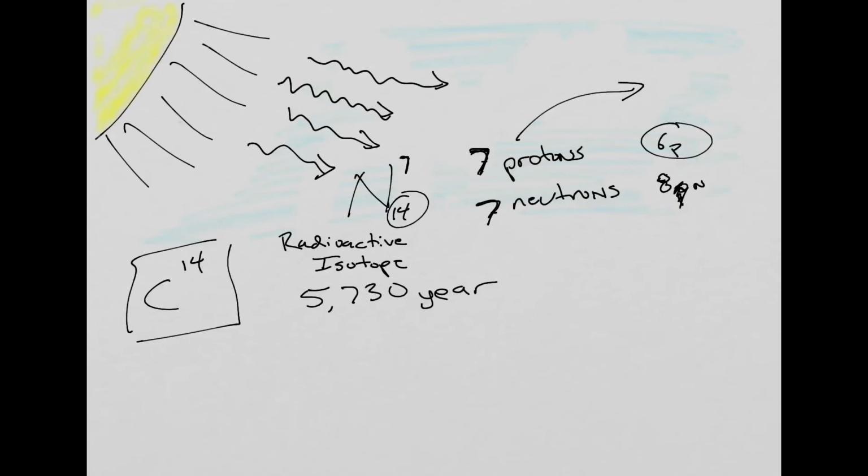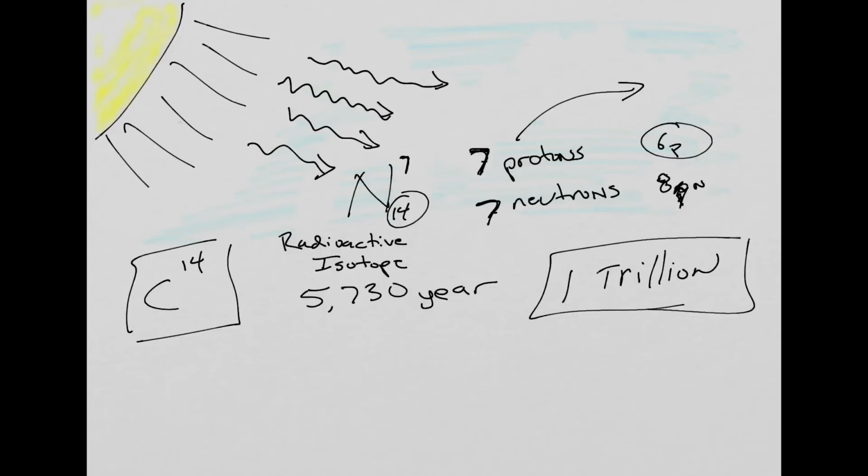At any given time, about 1 in every trillion atoms of carbon in the atmosphere are in fact radioactive carbon, which are actually nitrogen, but they're treated as carbon, and they are in the process of decaying back into nitrogen. Why is this helpful for dating? Well, I'm glad you asked.